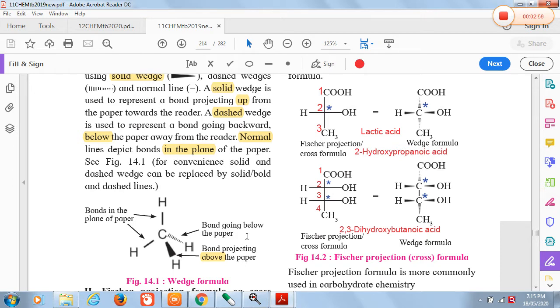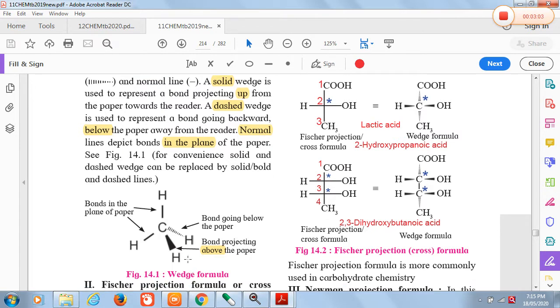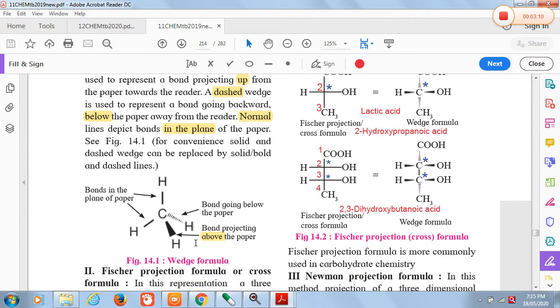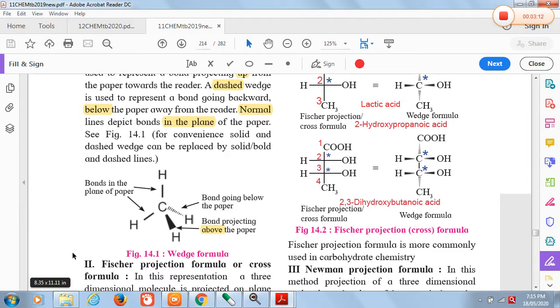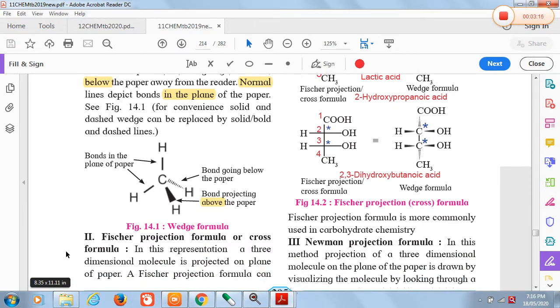So this is the wedge formula and you have to observe from that bond which is going below the paper always. Now one more formula is there and that is Fischer projection or cross formula.